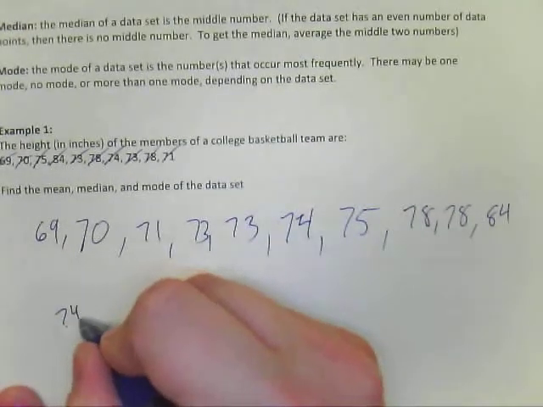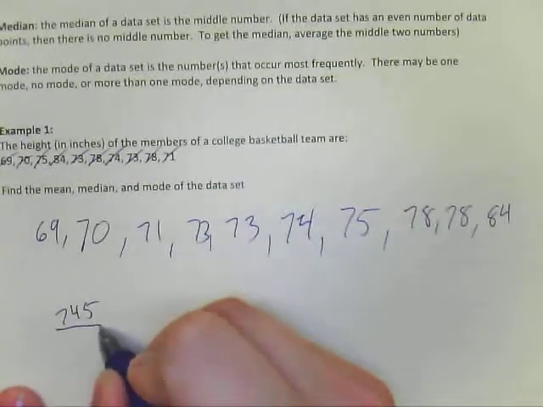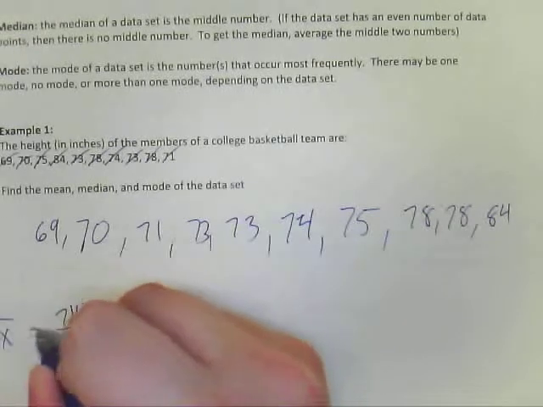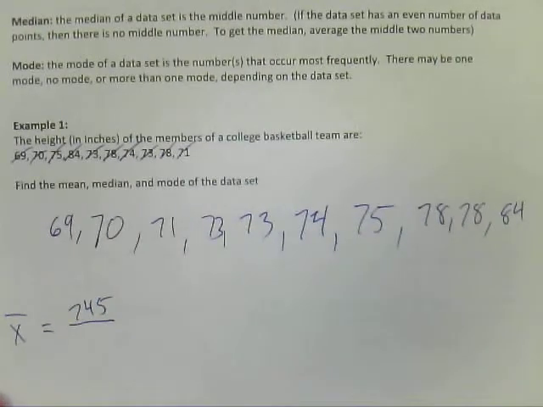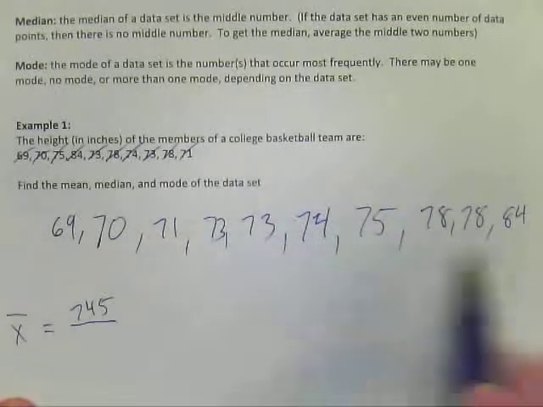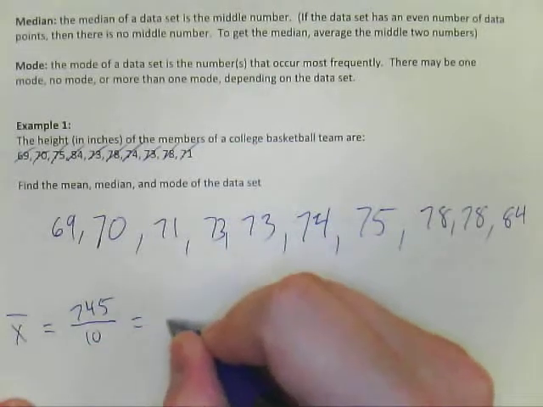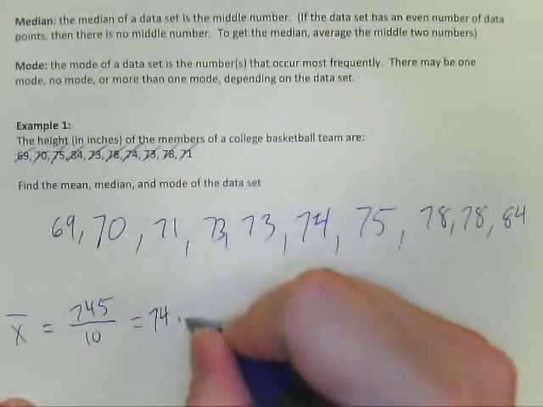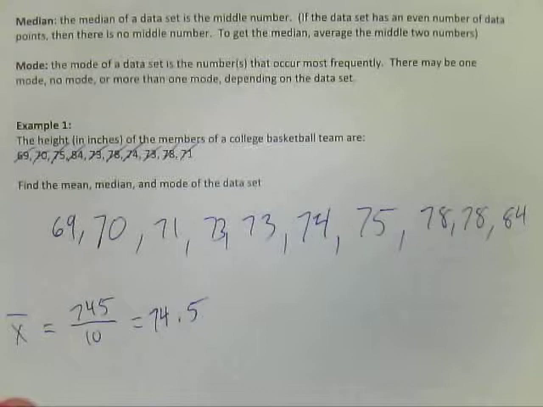That is 745. And then we're going to divide that. So this is x bar, the average. We take the total and divide by how many there are. There's 1, 2, 3, 4, 5, 6, 7, 8, 9, 10 of them. And so that's going to be 74.5. So that is the average.